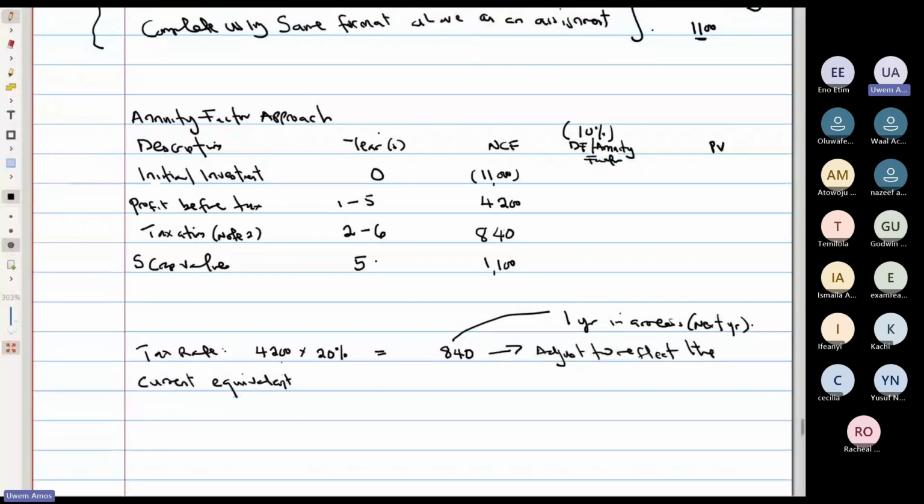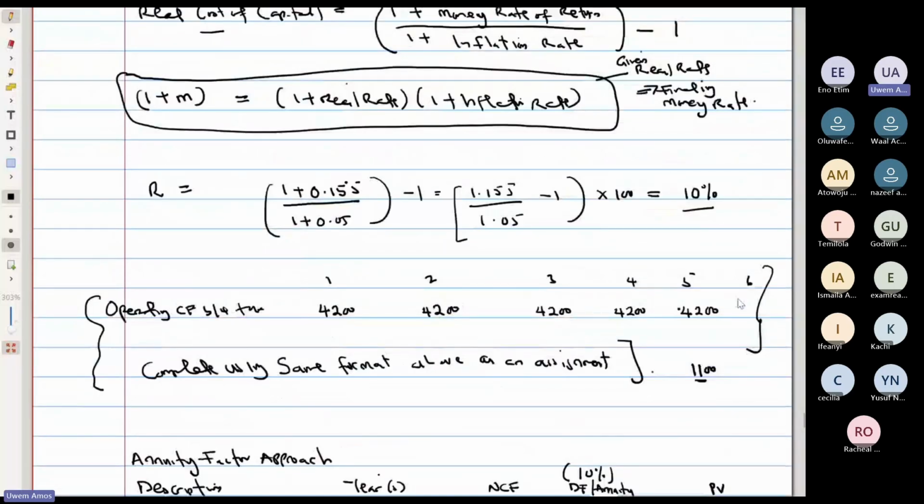Now, if you are doing the method where you do it year by year, you don't need to make that adjustment because you are accounting for each of the years. But because it's annuity factor we're using, we need to make that adjustment. So please take note of that. In this method, we're aggregating it, so we need to find the current price terms. For the other method, you just have your 840, 840, your computation, and that would work just fine for you.